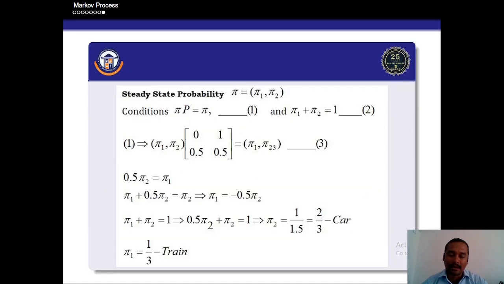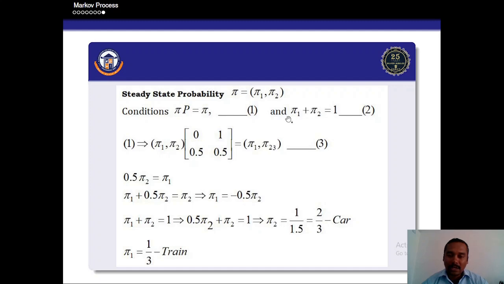Then the long run. In this case assume the steady state distribution. There are two states, so pi equals pi 1 comma pi 2, subject to the condition pi into p equals pi and pi 1 plus pi 2 equals 1. From the first equation we can get two equations: 0.5 into pi 2 equals pi 1, and pi 1 plus 0.5 into pi 2 equals pi 2.